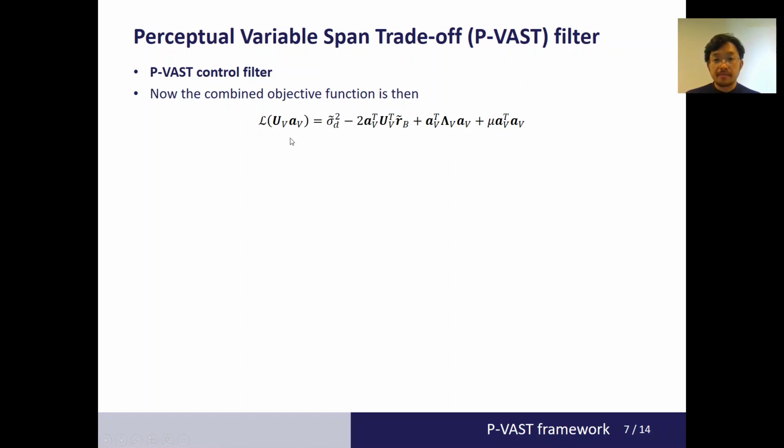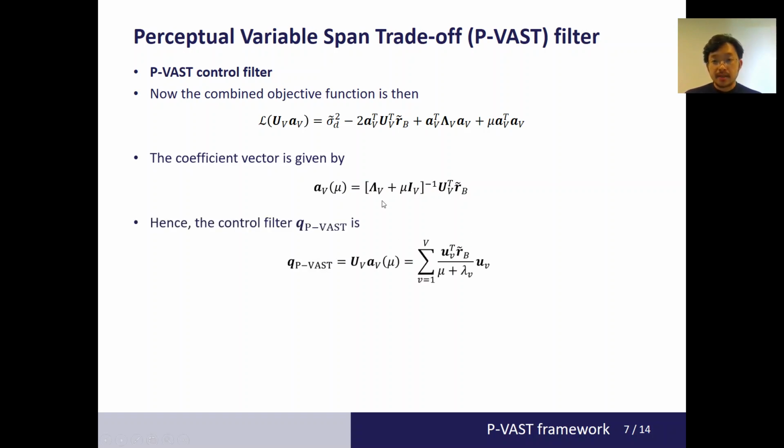Because UV is known and AV is unknown, we can solve this with respect to AV, and it gives us the optimal coefficient vector, which is given by this expression. Finally, we plug this into Q, and we have this closed form of the control filter solution.